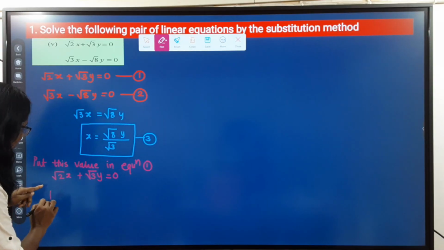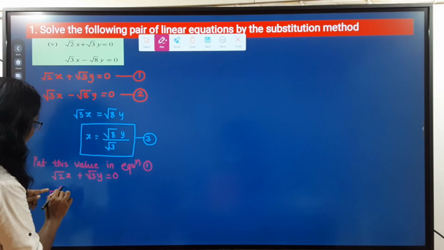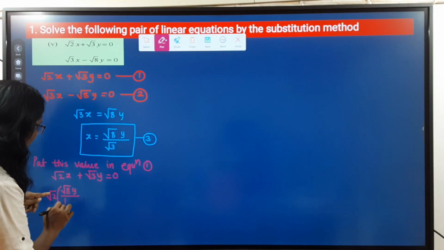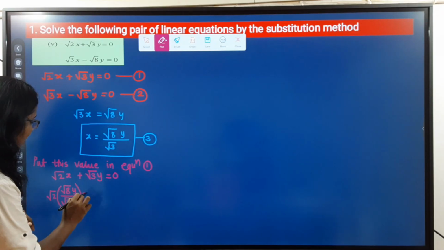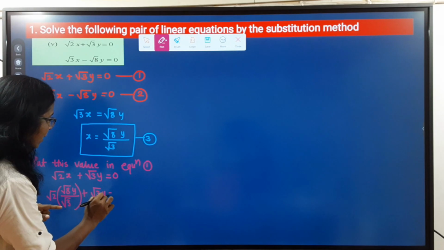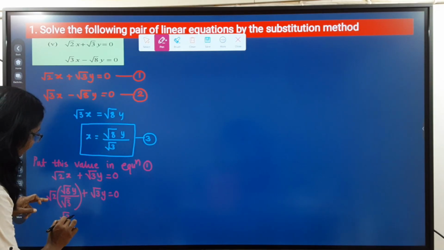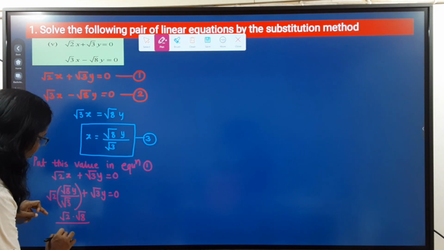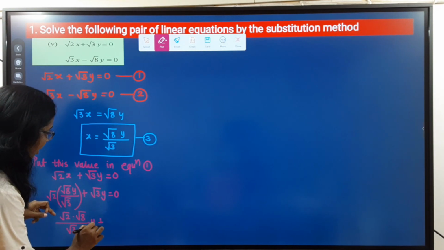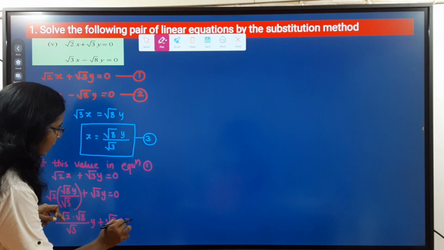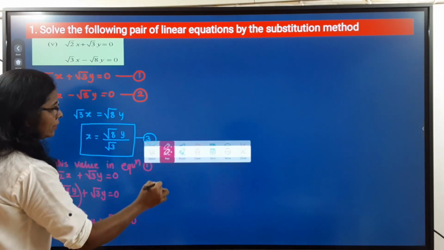Then here root 2 multiplied by root 8y upon root 3, plus root 3y is equal to 0. Then further simplified, that is root 2 multiplied by root 8 upon root 3, y plus root 3y, is equal to 0.